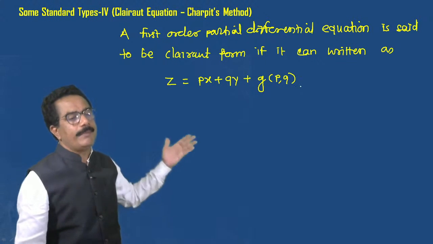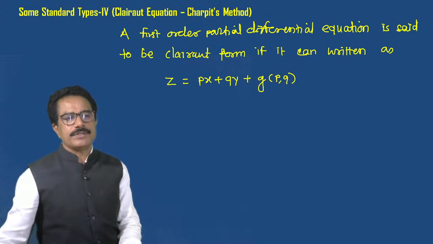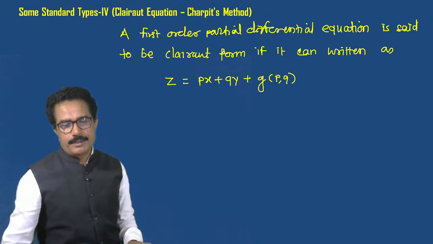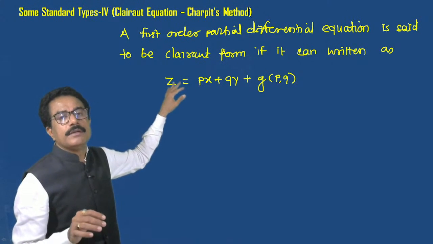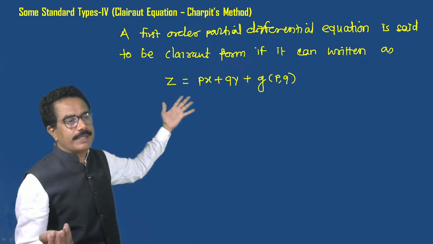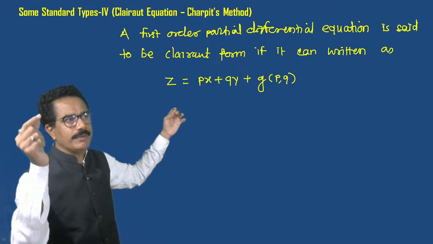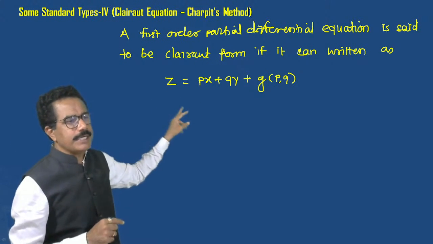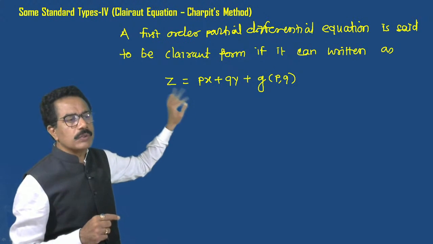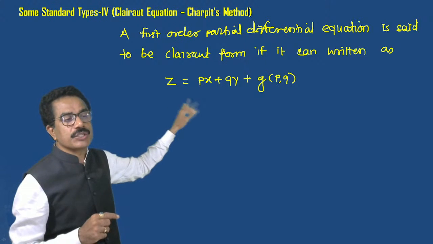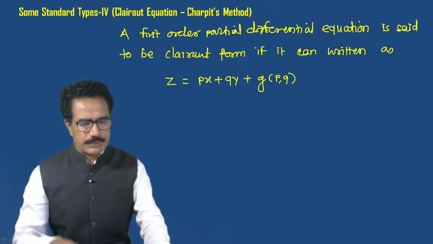A first order partial differential equation is said to be Clairaut form or Clairaut equation if it has a special, standard form, z is equal to px plus qy plus again a function of p and q.